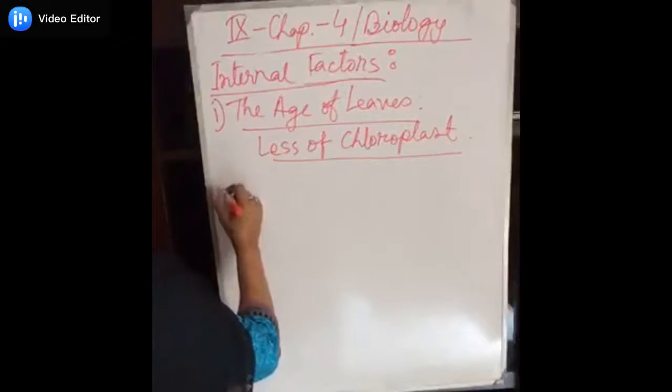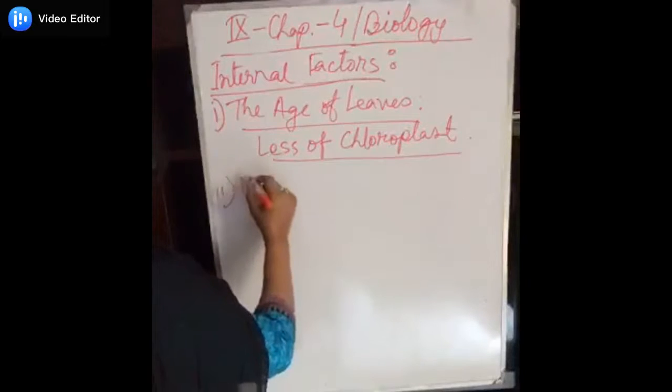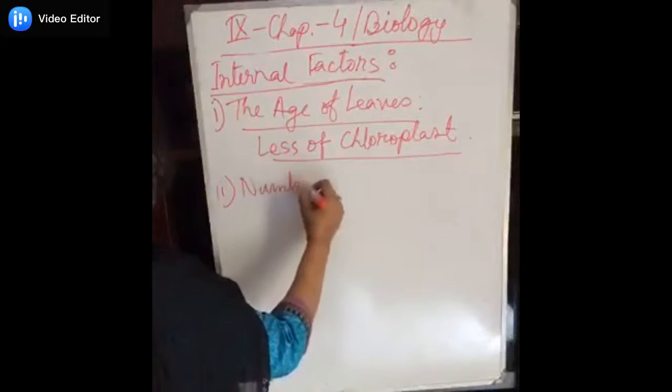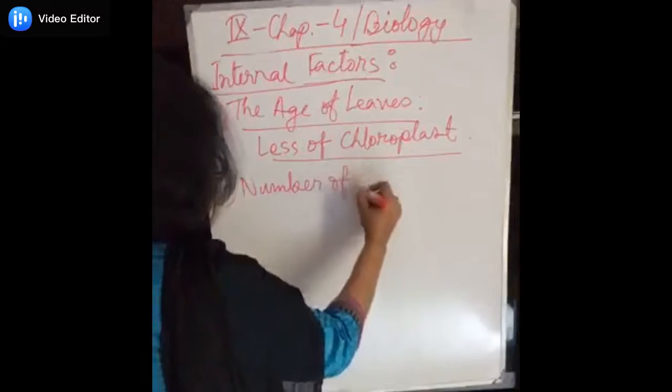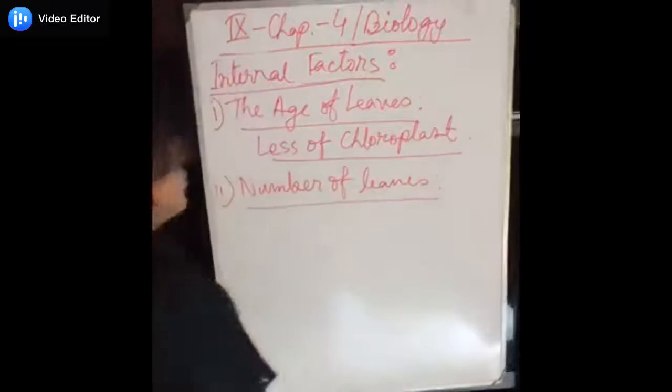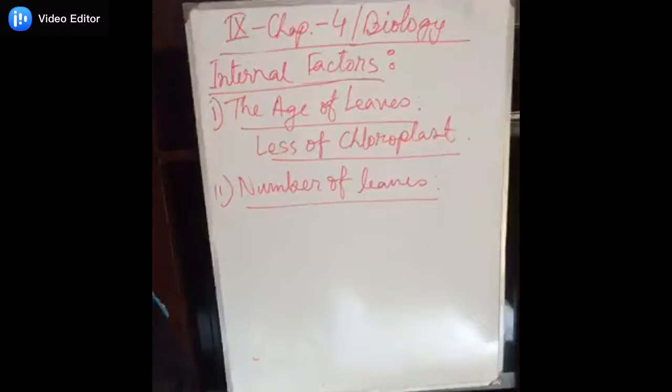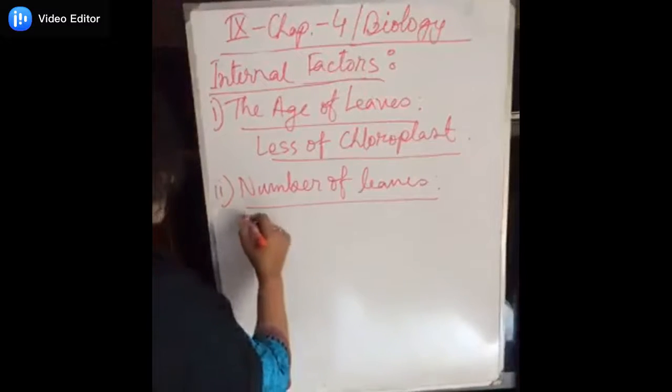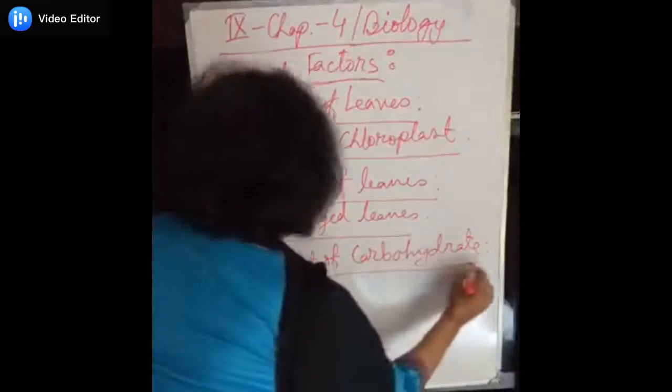So naturally middle-aged leaves are very good for photosynthesis because they are matured and they have a greater number of chloroplasts. Middle-aged. Amount of carbohydrate.